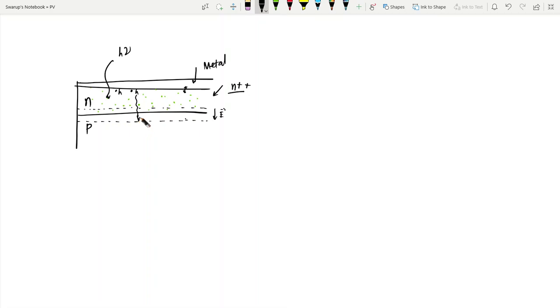The problem is, as we make it N double plus or heavily doped, there is already a larger number of thermally generated electrons present here. These electrons can recombine with these holes, and if a hole recombines, then this hole is lost. So it cannot take part in our photogeneration.